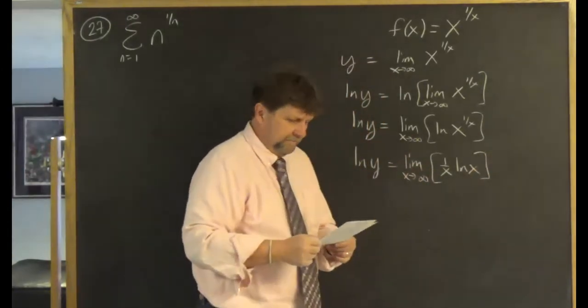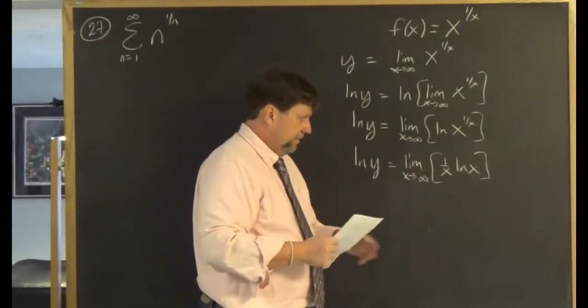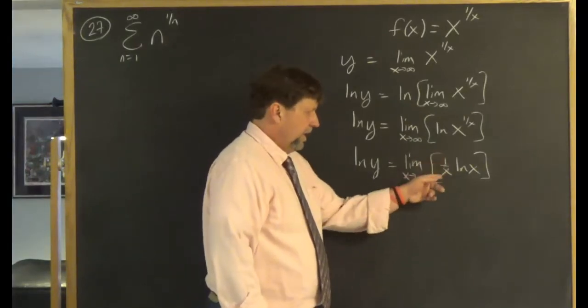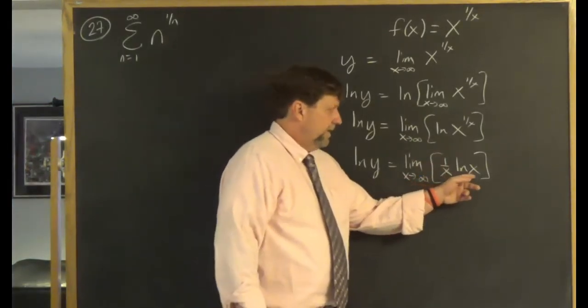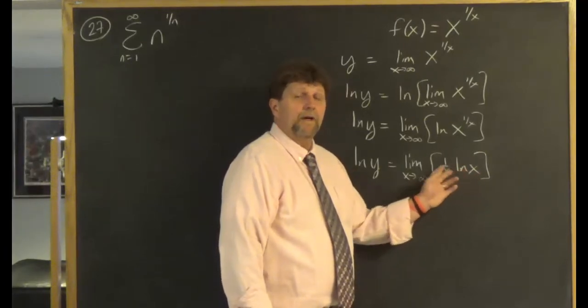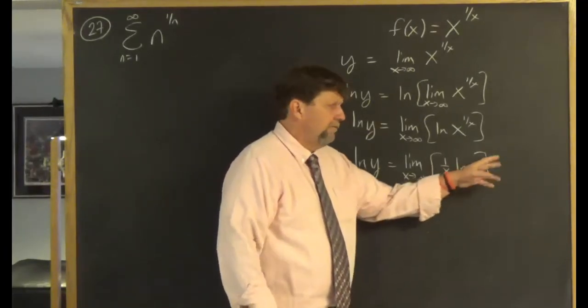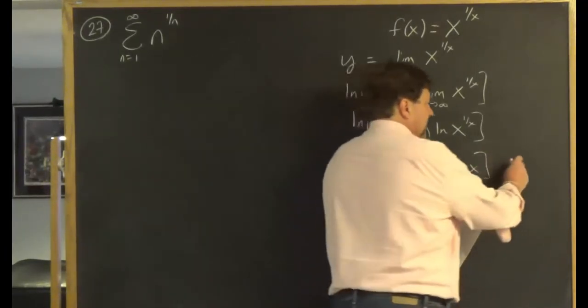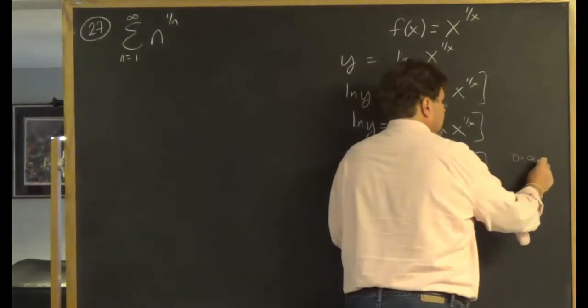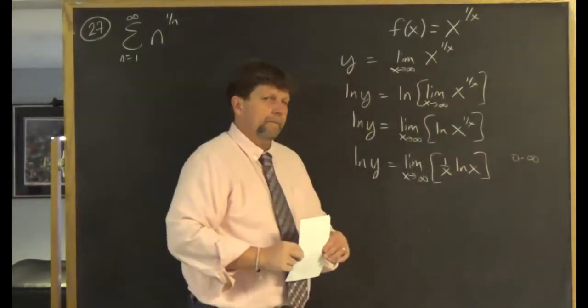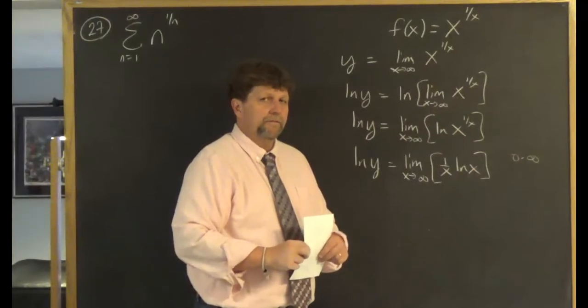But here's the problem. Right now, as x goes to infinity, 1 over x is 0. The natural log of x, as x goes to infinity, is infinity. So this has the form of 0 times infinity. Can't go to the hospital.